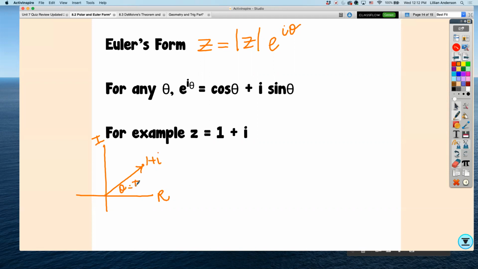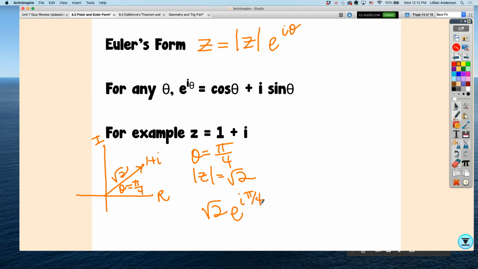Pi over 4, because it would be tangent inverse of 1 over 1, which is pi over 4. What would be my modulus? Square root of 2. Remember, that just represents the length. So in Euler form, it would just be root 2 e to the i pi over 4.